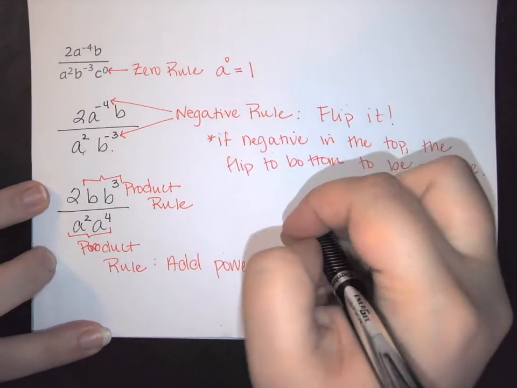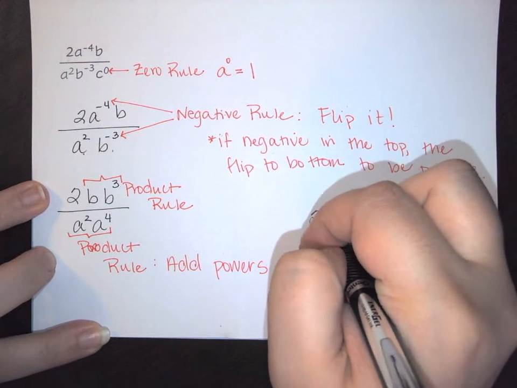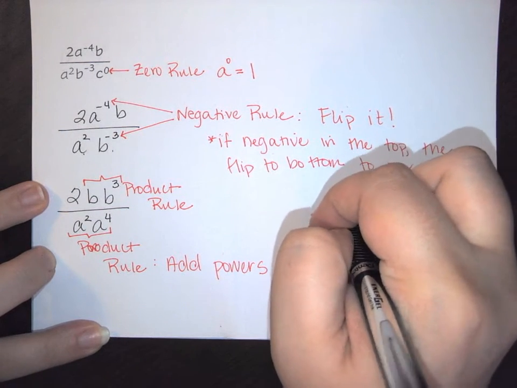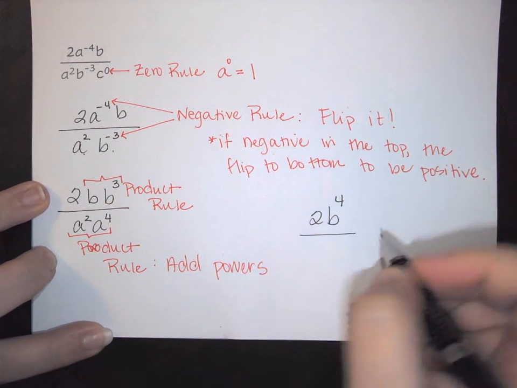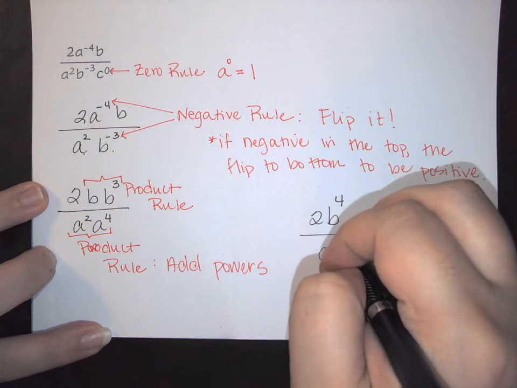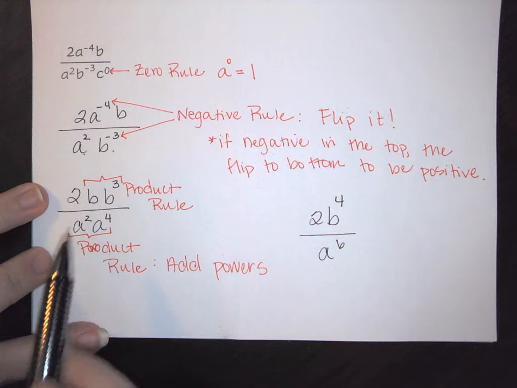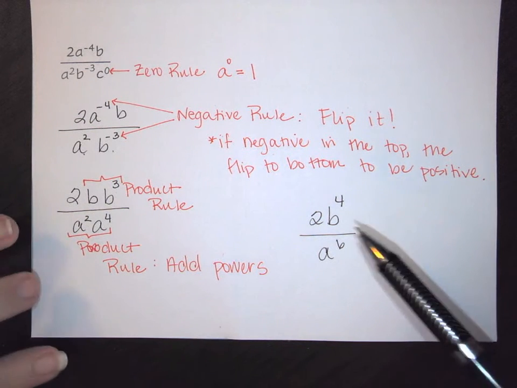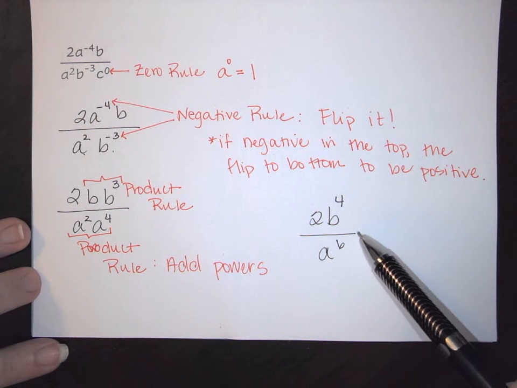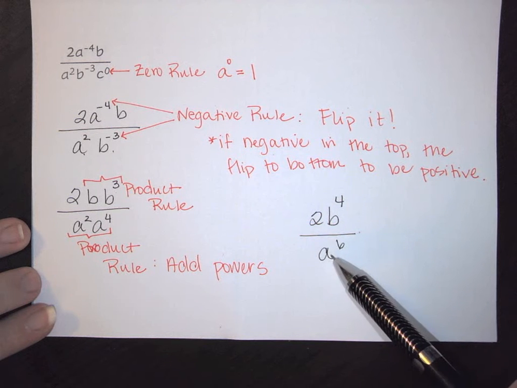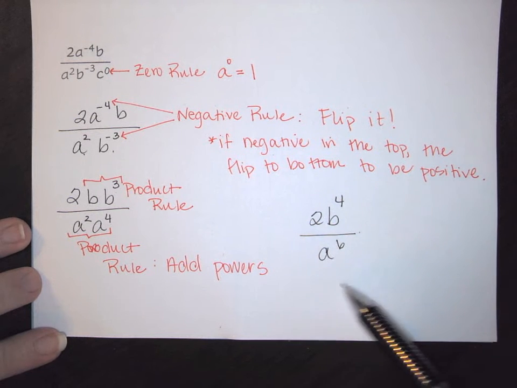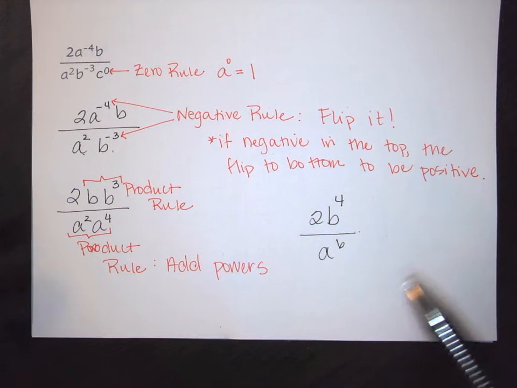So here we're going to end up with 2b to the fourth, because 3 plus 1 is 4. And this whole thing is going to be over a to the sixth. 4 plus 2 is 6. Now, yes, I have this quotient rule right here, but if you notice, I only have an a and a b. There is nothing in common there, so I must leave it as the fraction. I cannot combine it any further.